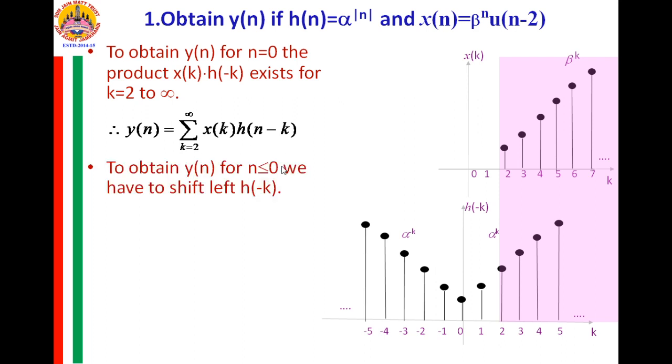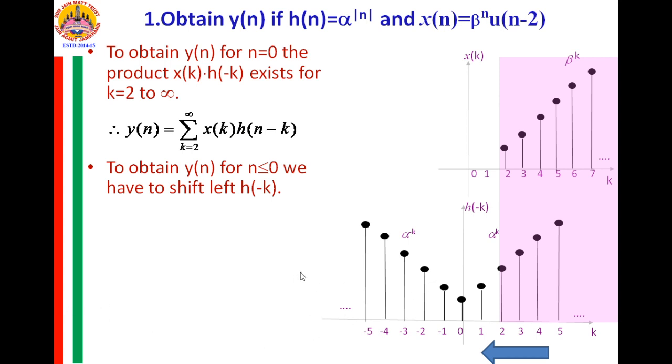Now to obtain yn for n less than or equal to 0, we have to go on shifting this h of minus k towards the left side. So when I go on shifting this h of minus k towards the left, you observe that it is always an infinite duration sequence, towards the positive k end as well as towards the other end.